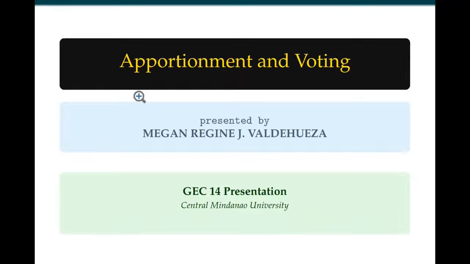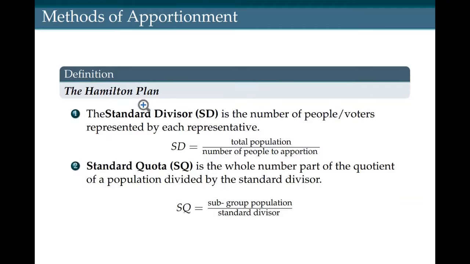There are three methods of apportionment, namely the Hamilton Plan, the Jefferson Plan, and the Huntington-Hill Plan. Under the Hamilton Plan, the total population of the country is divided by the number of representatives, which gives a number of citizens represented by each representative.